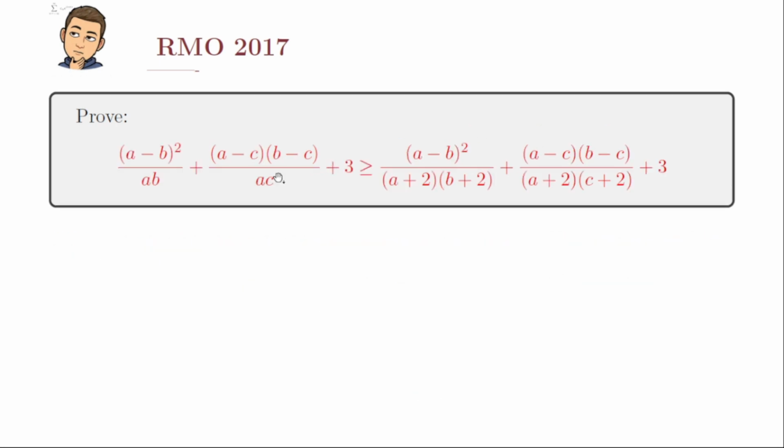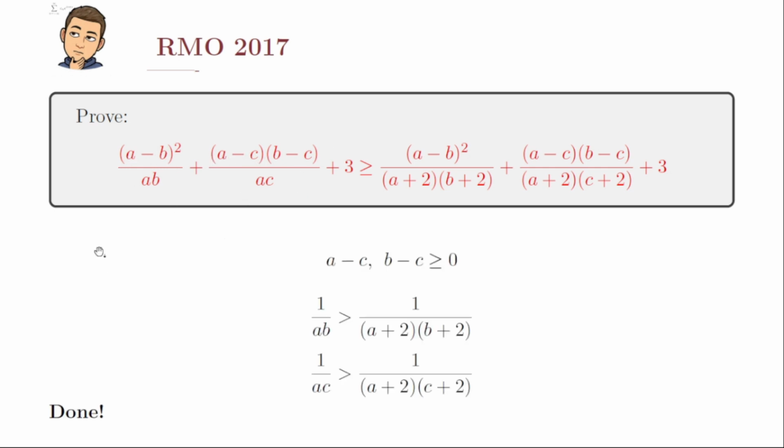Okay, so now this is the inequality that we want to prove, but this is clearly obvious because the numerator is the same. The difference is only in the denominator, and we can easily prove this. A minus c and b minus c is non-negative because c is the minimum, right? C is the smallest one. And then 1 over ab is clearly bigger than 1 over a plus 2 times b plus 2.